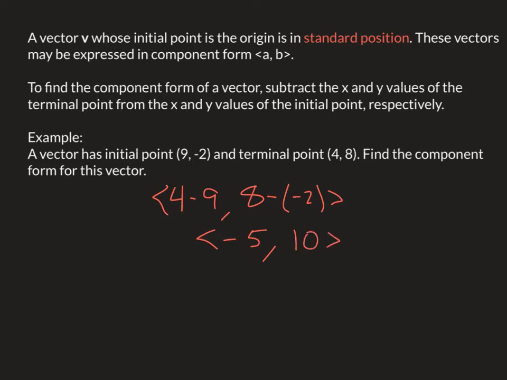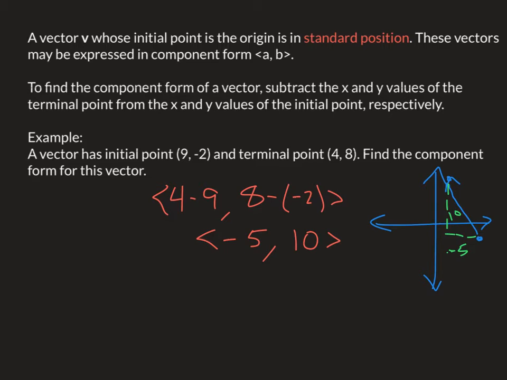Now, if we drew this vector, just to get a visual of it, 9, -2, roughly there, 4, 8, something along the lines of that, and there is our vector. You can see how to get from the initial to the terminal, we'd have to go over -5 and then up 10.